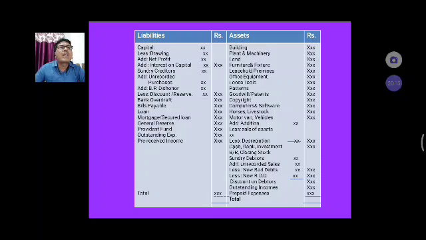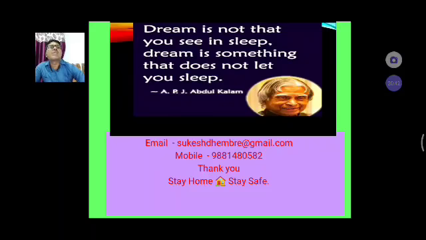The cash, bank, investments, fees receivable, closing stock, sundry debtors. In sundry debtors, add unrecorded sales, less new bad debts, less new RDD, and then write to the outer column. Discount on debtors, outstanding incomes, prepaid expenses, if given in the trial balance. This is the form of the balance sheet.